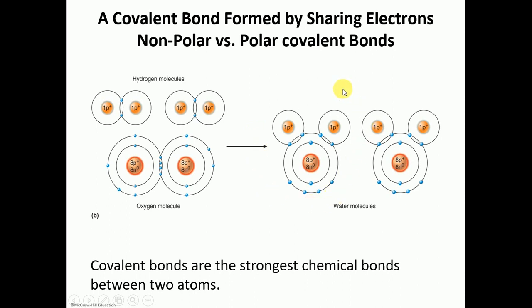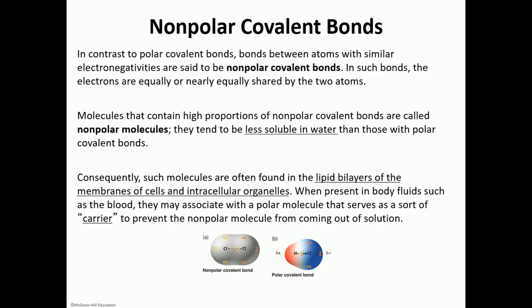While the whole water molecule is neutral, the hydrogen ends are slightly positive, while the oxygen end is slightly negative. And that ability of oxygen to pull those shared electrons towards itself is known as electronegativity, which I believe is on, not the next slide. Okay, so it's on there somewhere in the slides.